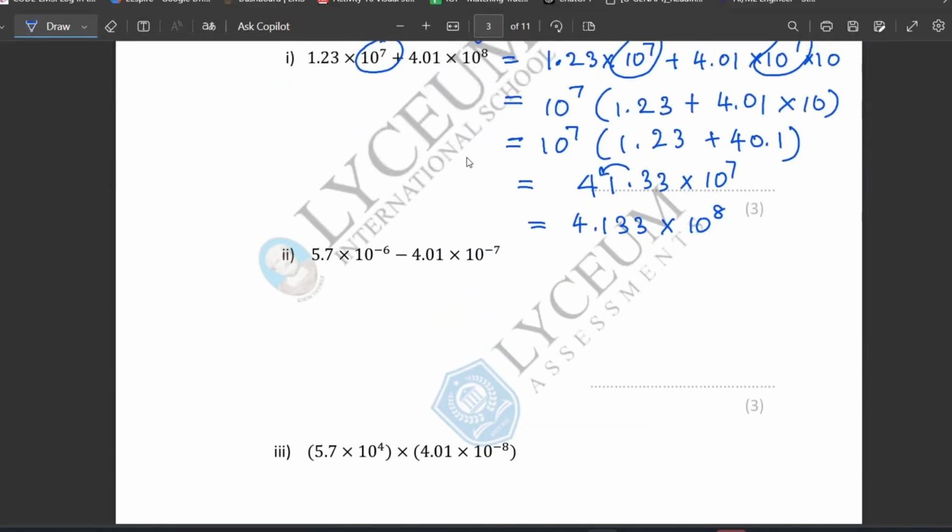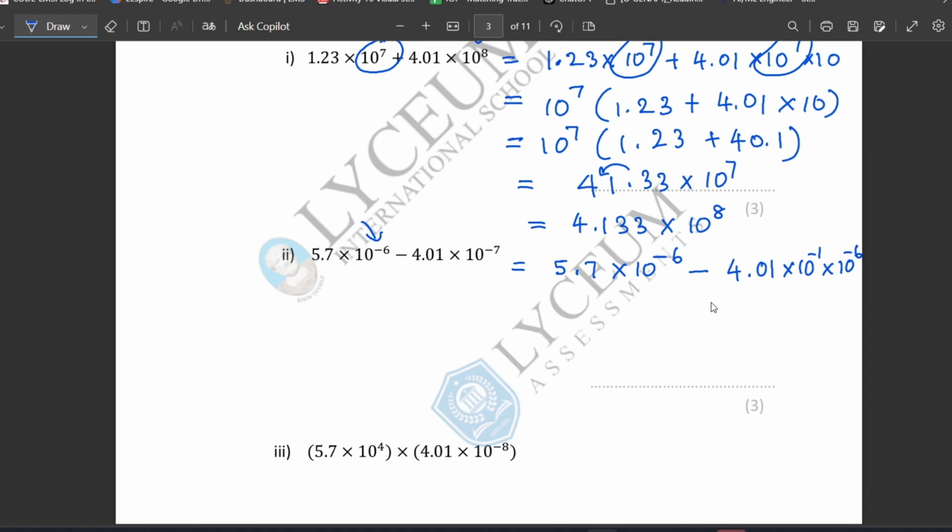Then this one also, we can take out 10 to the power minus 6. I can write this again as 7 times 10 to the power minus 16, and also 4.01 times 10 to the power minus 1 times 10 to the power minus 6.